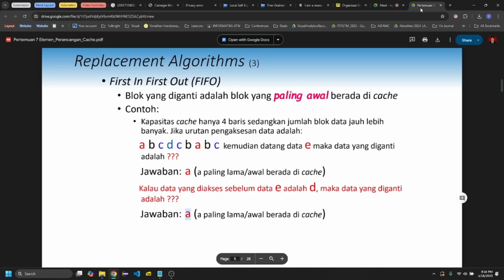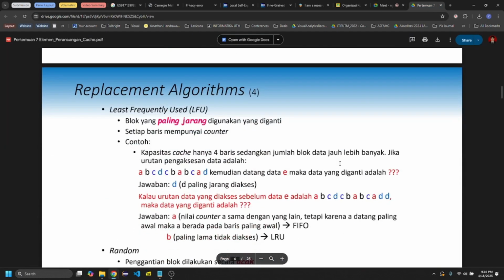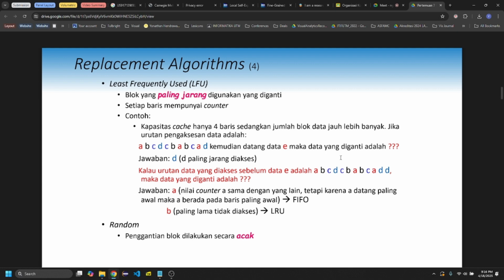Okay, let's continue. The third algorithm, least frequently used, or LFU. The least frequently used block is the one being replaced. In this algorithm, every single line in the cache has a counter.